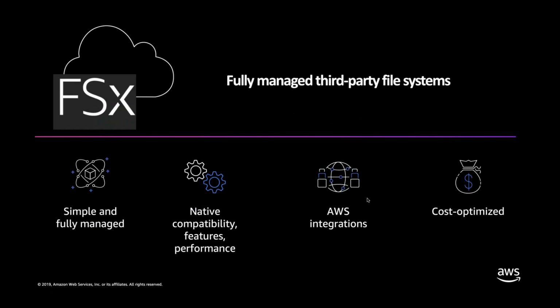So FSx is a simple and fully managed file system. It's running on top of a Windows file system over the Samba interface, but it's tightly integrated with AWS services. So if you want to integrate it with EC2 or a database, it can be integrated with just a click on the interface.